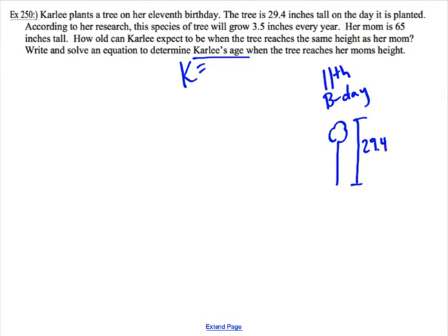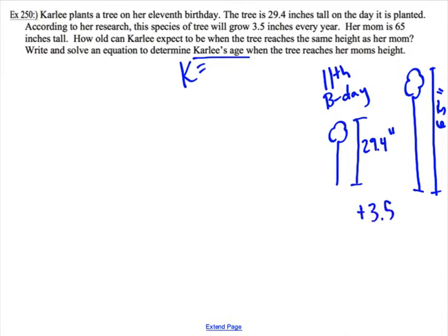Now, at a later time, the tree is going to keep growing until it is 65 inches tall. And we are also told that it goes up 3.5 inches per year. All right, there's all the information from the problem drawn as a picture.